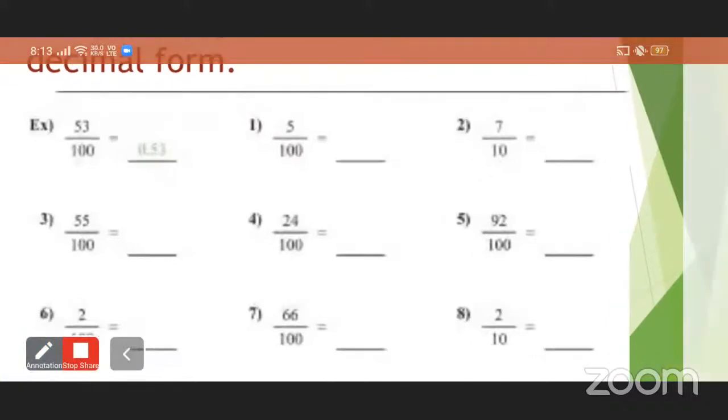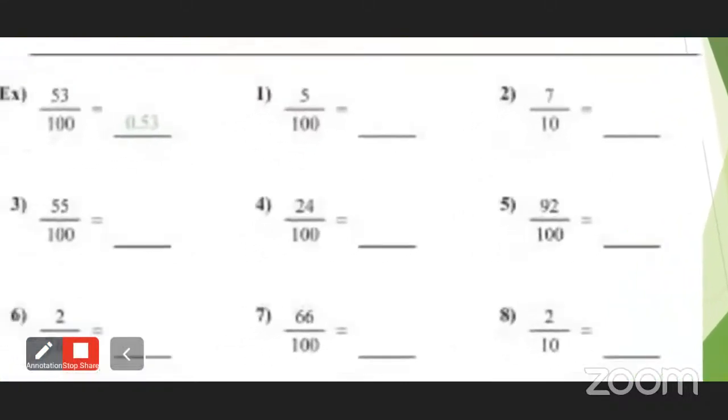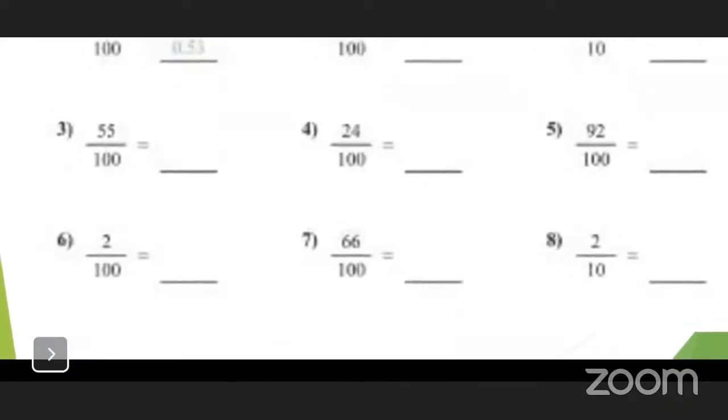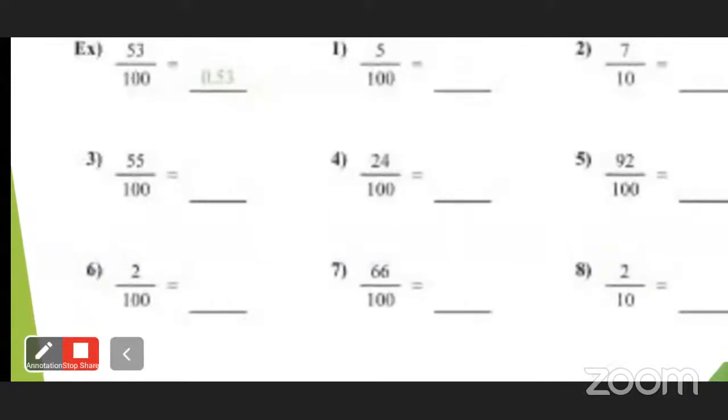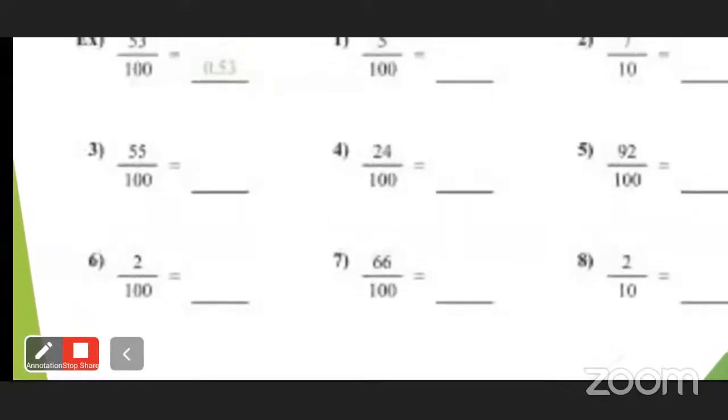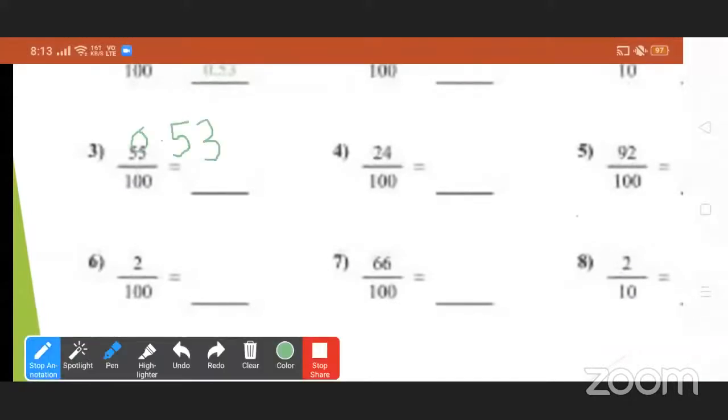The next one is 55 upon 100. Okay, now tell me the decimal form of it. 0.55. Good.